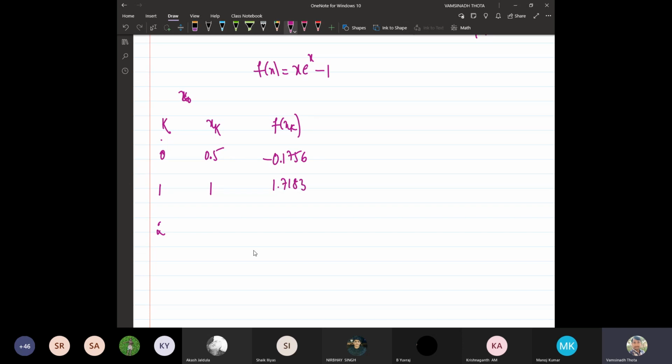Now, as you can see here, this is less than 0 and this is greater than 0. In the secant method, we need not worry about the sign of the function values, but in the Regula-Falsi method, we should.